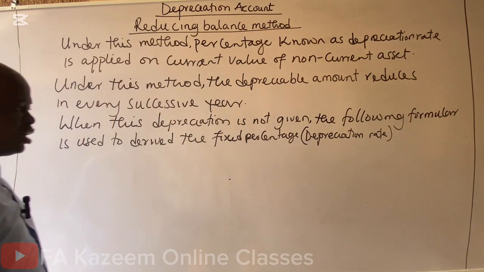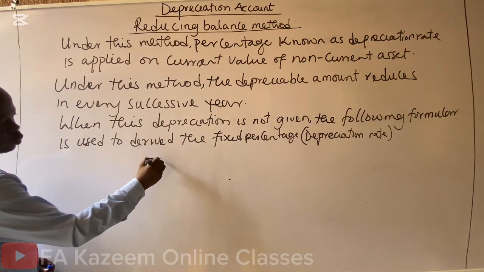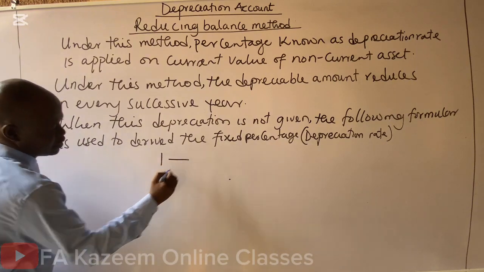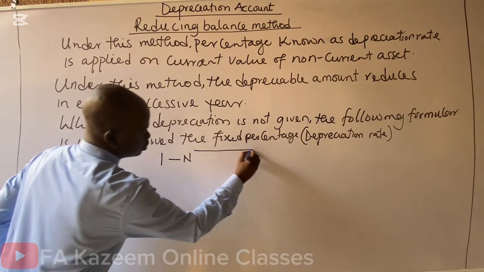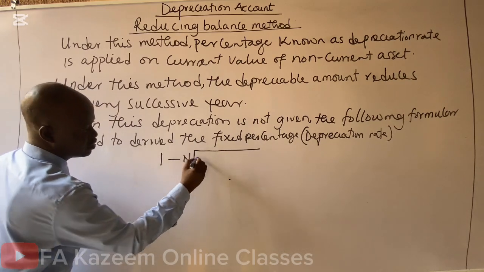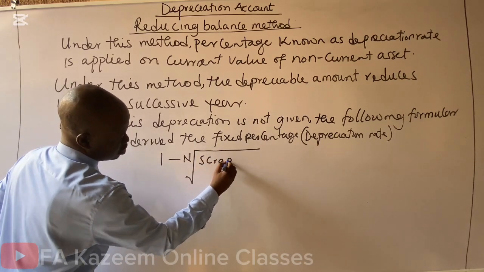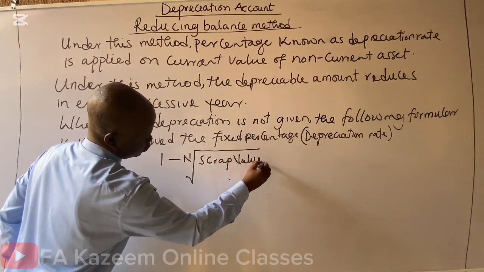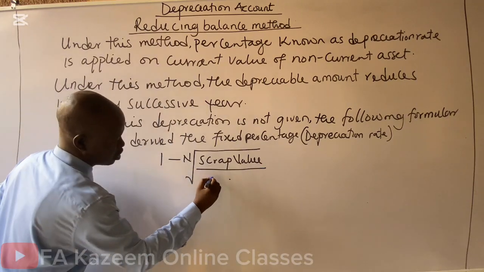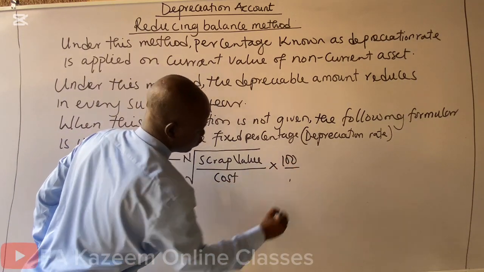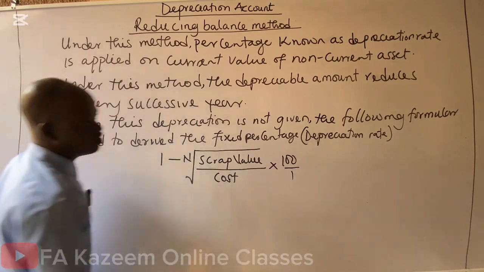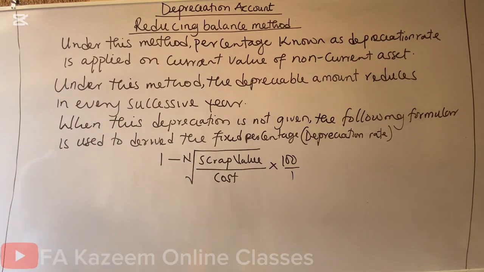Now, what is this formula? The formula is 1 minus the nth root of scrap value over cost, times 100 over 1. This is the formula that is applied where the depreciation rate is not given.